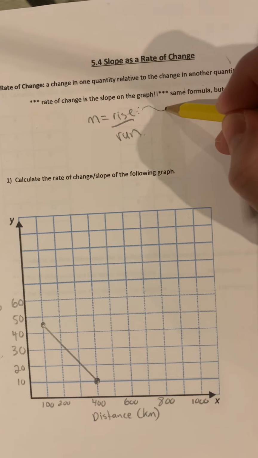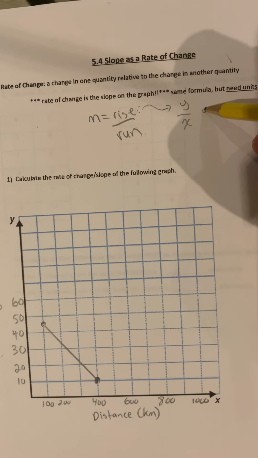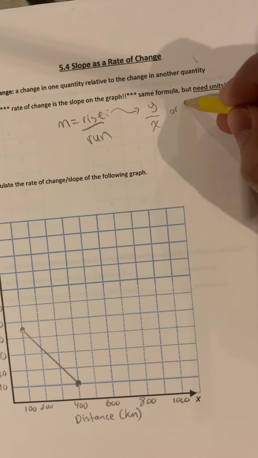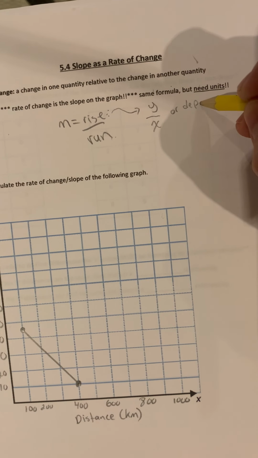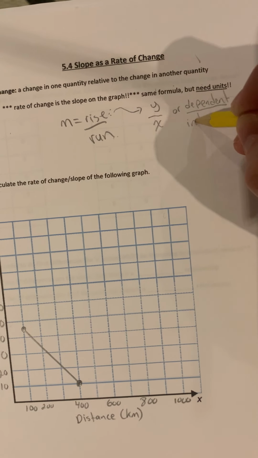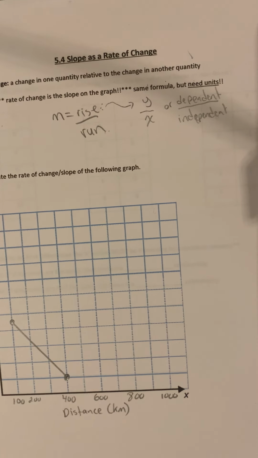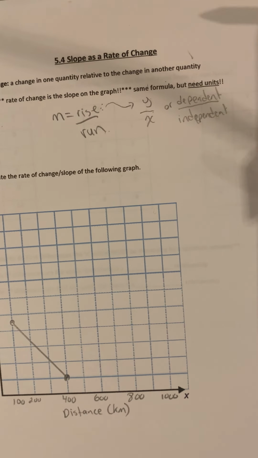Rise affects your y values, so it's really your y values over your x values, or y is dependent variable over independent. So y over x.